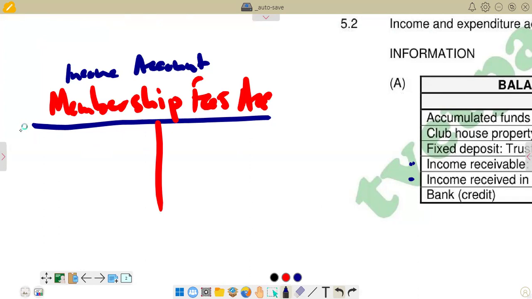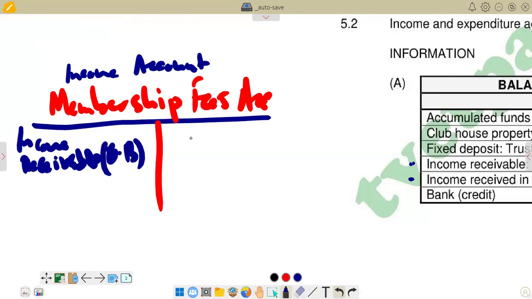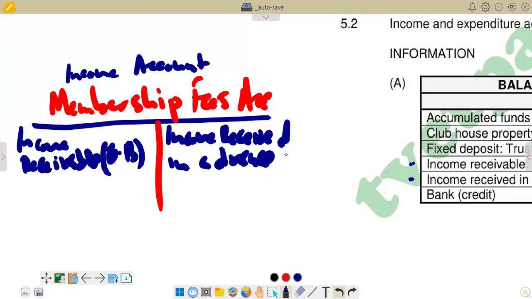If it's an opening income receivable, you put it on the debit side. So the opening balance will come here. And if it's income received in advance, as an opening balance, it comes on the credit side like this.